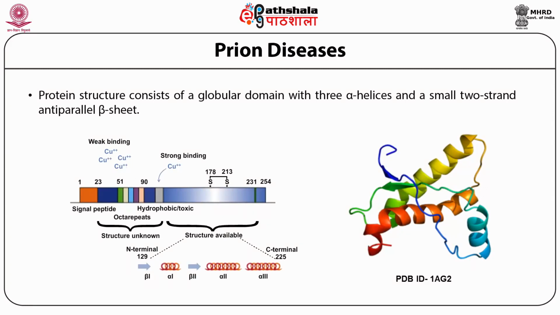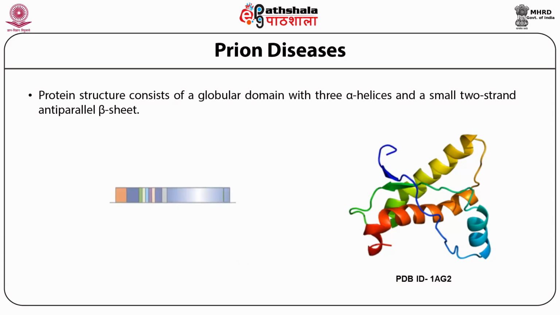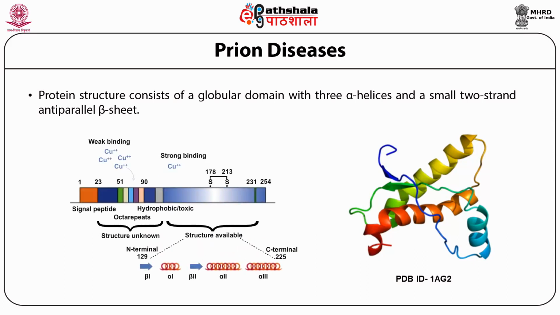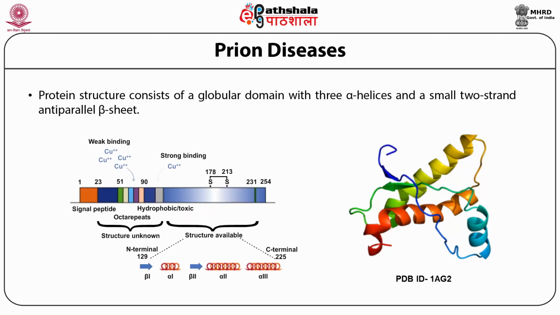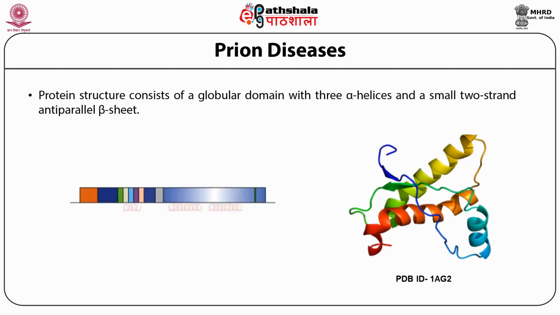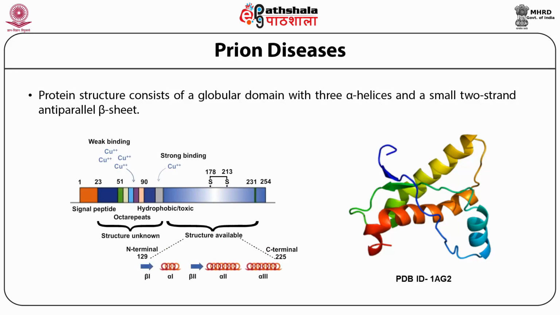The prion protein structure consists of a globular domain with 3 alpha helices and a small 2 antiparallel beta sheets. On the right side, you can see the 3-dimensional structure where the 3 alpha helices, 2 beta sheets and large loop regions are shown. The left side is a schematic picture where you can see the signal peptide, and the middle is expected to bind to copper ions.